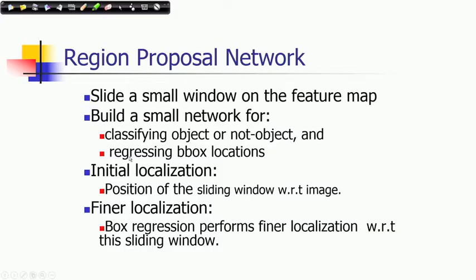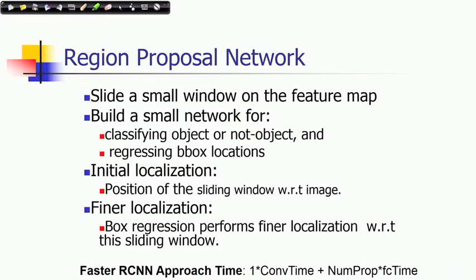Here you classify object or non-object and also regress the bounding box locations, and this is the initial localization. These positions are used, and the final localization is considered at the final stage of classification and regression, where box regression performs final localization. In Faster RCNN there is no separate proposal time; it is one-time convolutional time and then the number of proposals times the time required for classification.